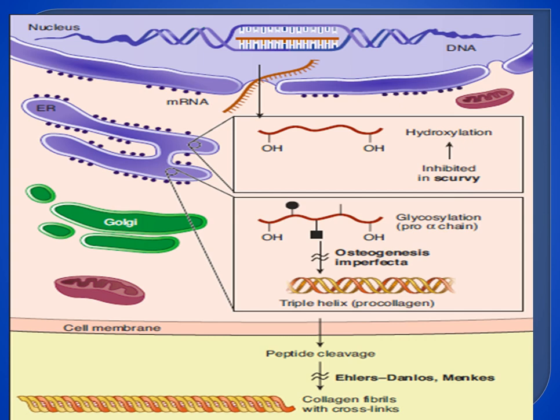In Ehlers-Danlos, there is deficiency of collagen processing enzyme. In scurvy, there is lack of hydroxylation as hydroxylation is inhibited, and in osteogenesis imperfecta the step after glycosylation is defective due to deficiency of an enzyme.